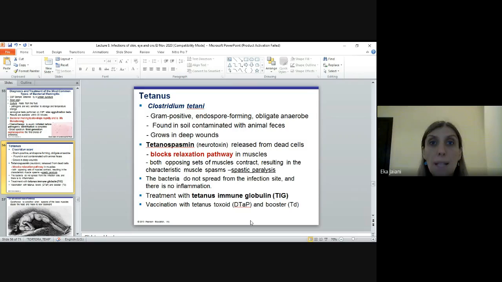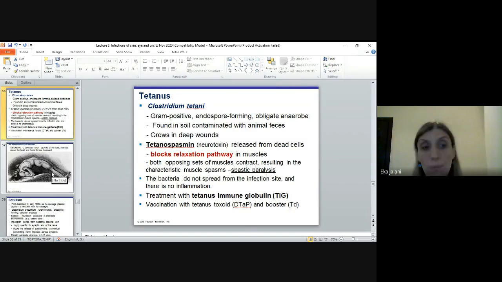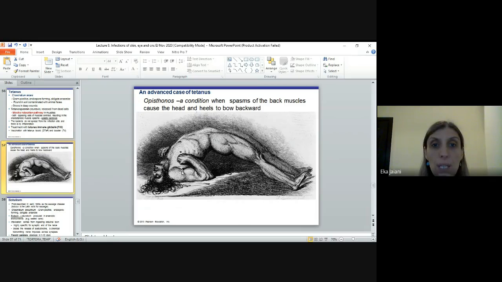And we also get the tetanus vaccine when we're bitten by an animal, for example, together with the rabies vaccine, because if a dog bites us, very often dogs have a dirty mouth, contaminated with soil or other things. So usually the tetanus vaccine is applied together with the rabies vaccine.